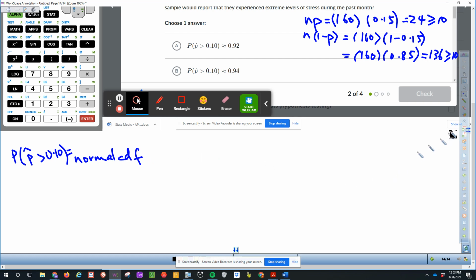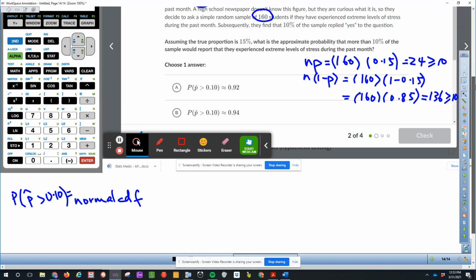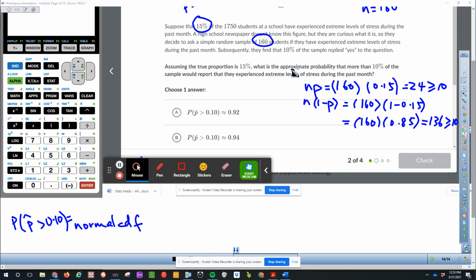Let's read the question again. What's the approximate probability that more than 10%, which is 0.1, of the sample would report? Can you see that this is a sample proportion? The symbol p hat is greater than 0.1. We want to find the probability of this particular event happening.